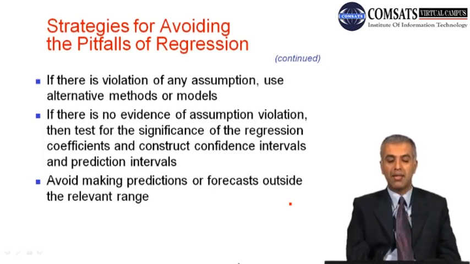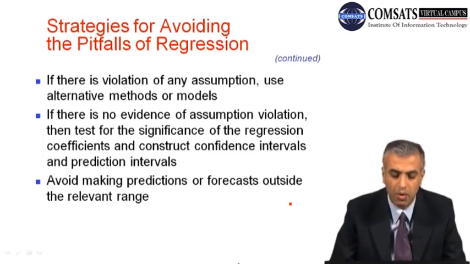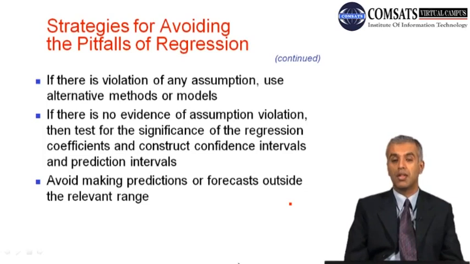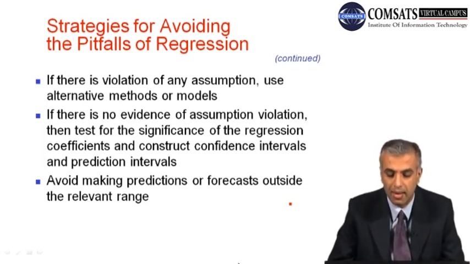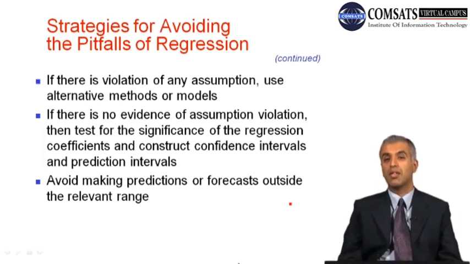If there is no evidence of any condition violation, then we carry on with the test for the regression coefficient significance, and we also construct the relevant confidence intervals at the prediction level and non-prediction level.